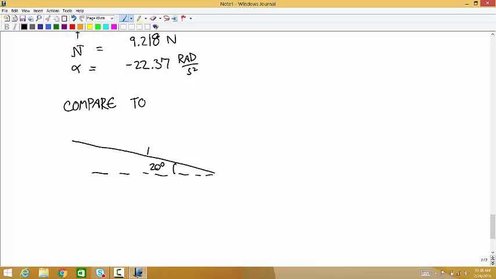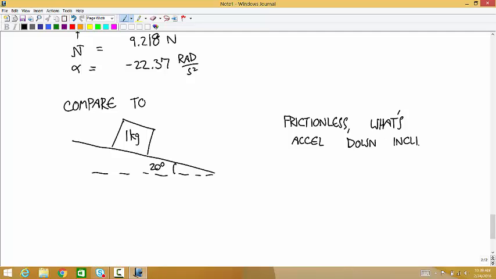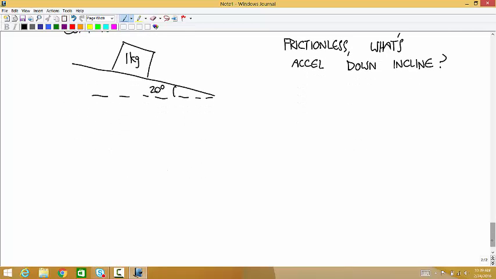So 20 degrees. Let's say this block has a mass of 1 kilogram. So what's the acceleration down the incline? Okay, I think I'll just do it.